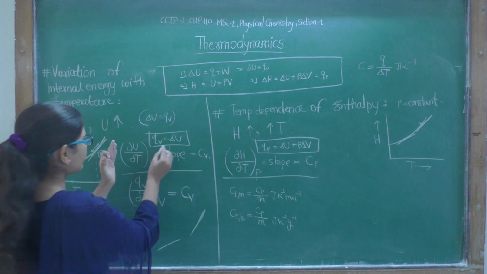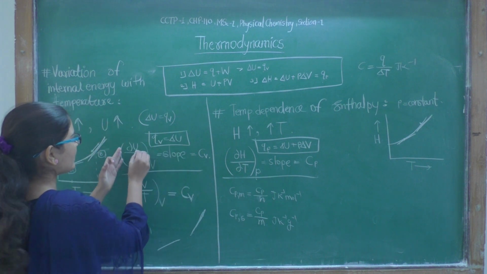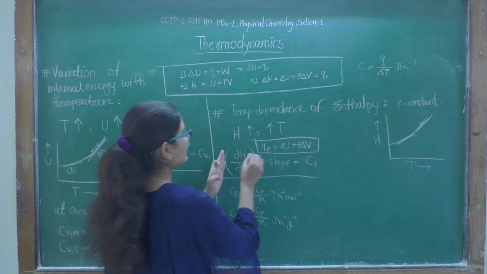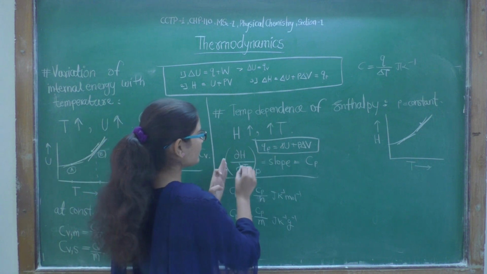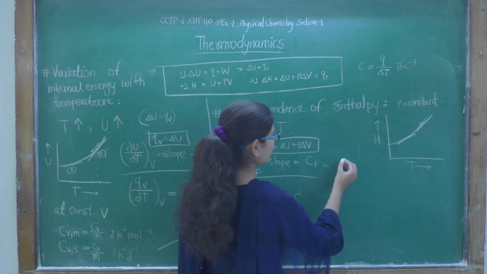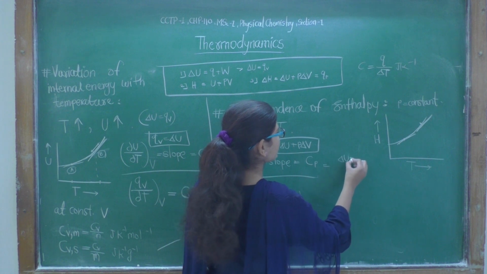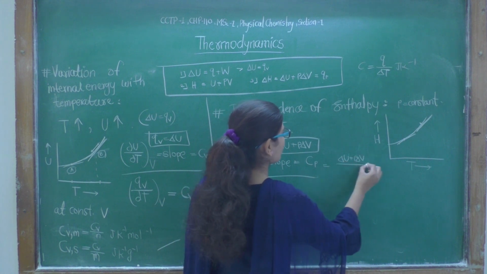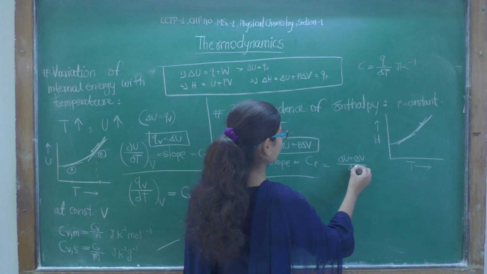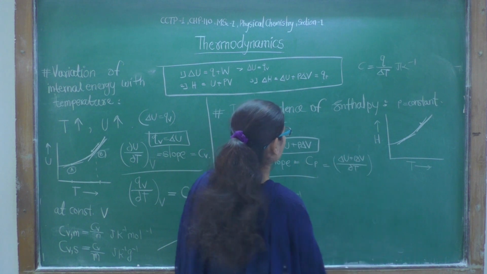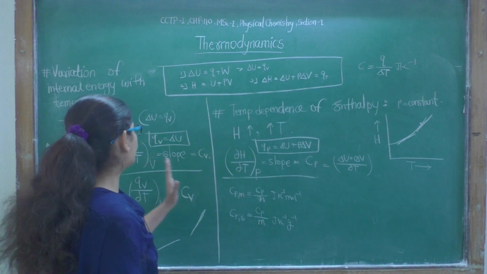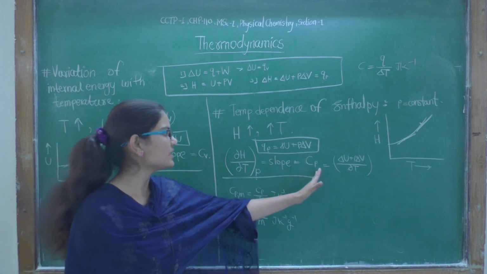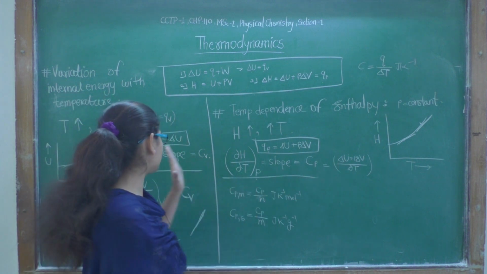Here we can write delta U by delta T, and here delta U plus P delta V by delta T. This is a major difference, so the value of Cp will be greater than Cv.